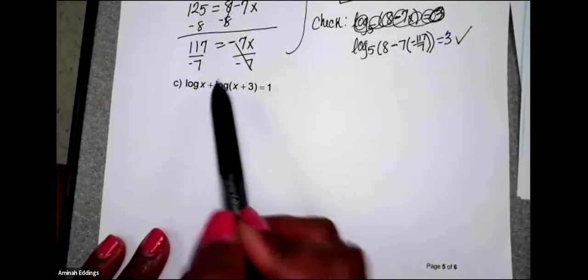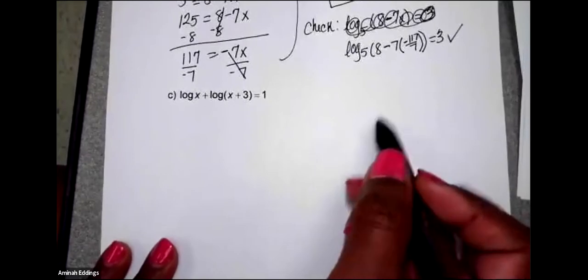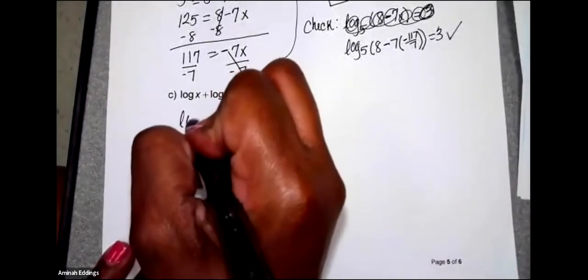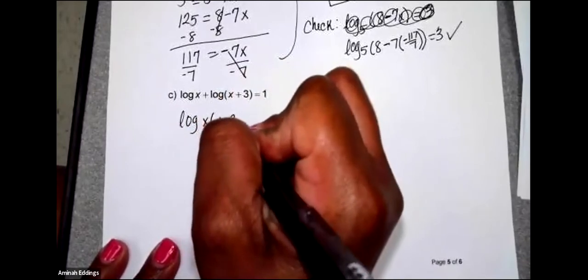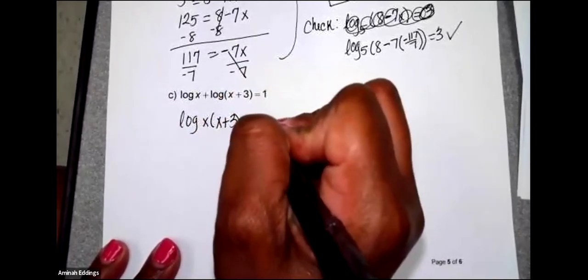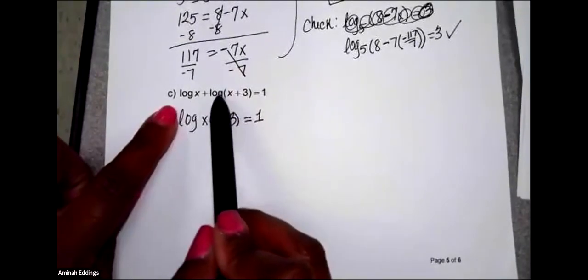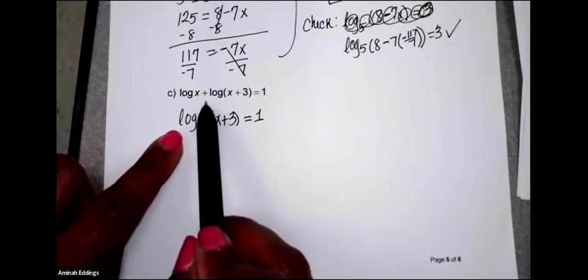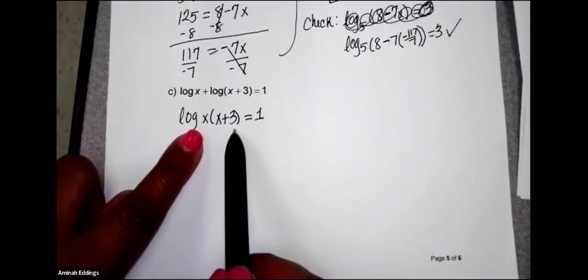If we see addition, that means we can rewrite it as multiplication. So this is going to become log x times x plus 3 is equal to 1. All I did was condense into 1 log, and because I saw addition, I multiplied these 2 expressions together, okay?